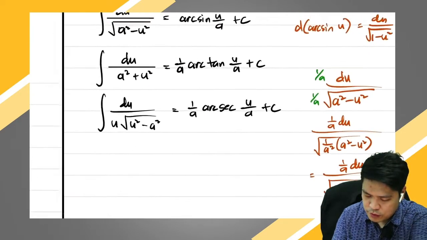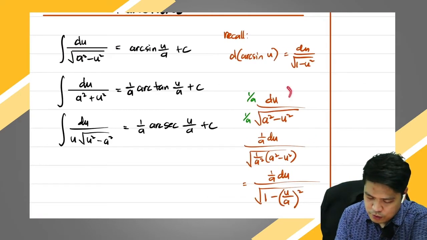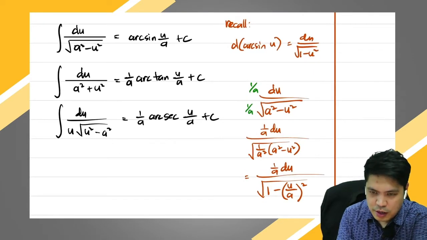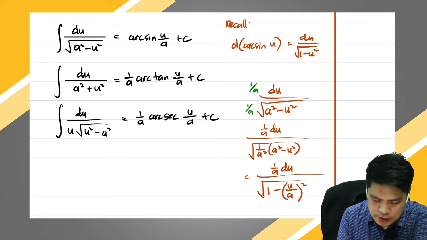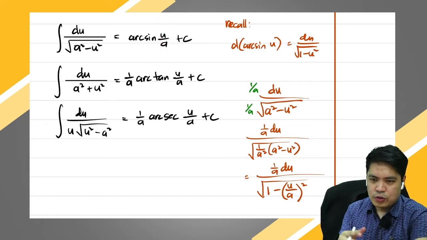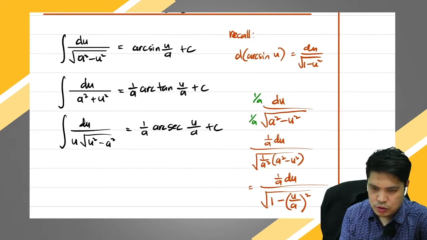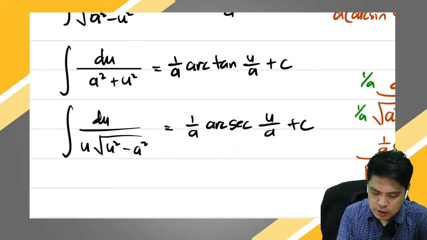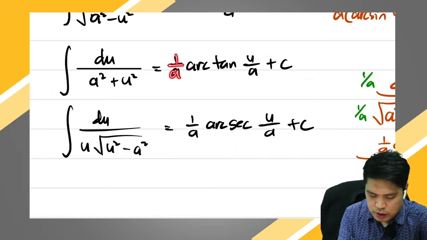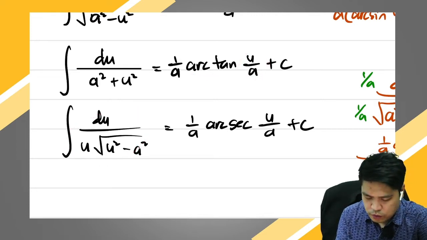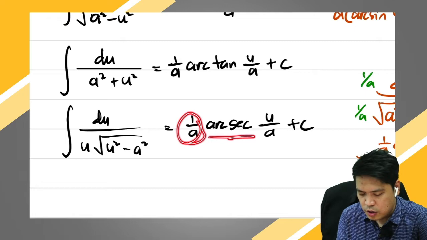So if we have this form alone, the integral of that came from the derivative of this, wherein the function is u over a. So if you do the same checking with these two functions, you will arrive at this, that is 1 over a times the arctangent of u over a, and for this, that is 1 over a times the arcsecant of u over a.